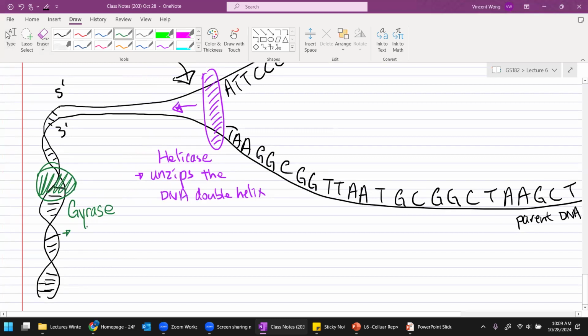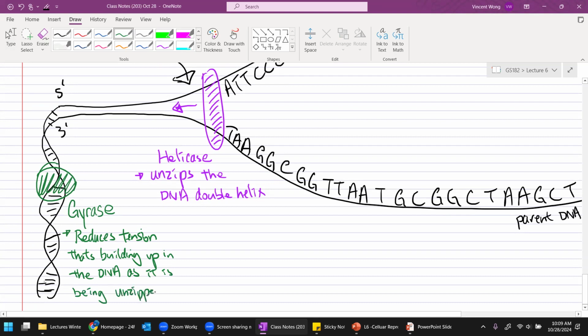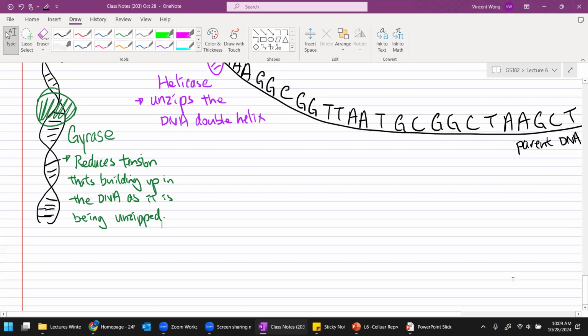So the gyrase is another enzyme that basically reduces tension that's building up in the DNA as it is being unzipped. Okay. We need to relieve the tension so that it is not going to break.